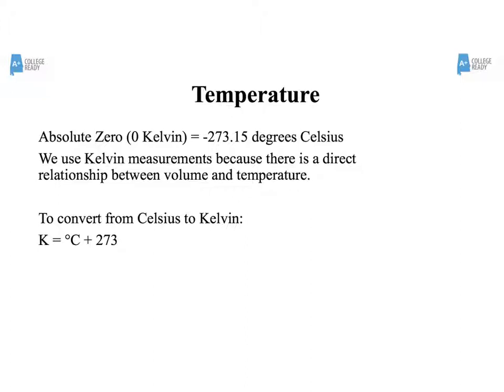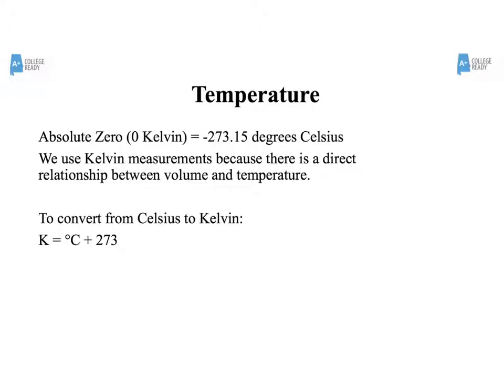If you are talking about changes in volume and temperature, and your temperature goes from a positive value to a negative value, well then, because volume and temperature have a direct relationship, your volume could potentially become negative based on the math. And you can't have less than 0 volume. So you have to make sure that you are focusing on this unit.